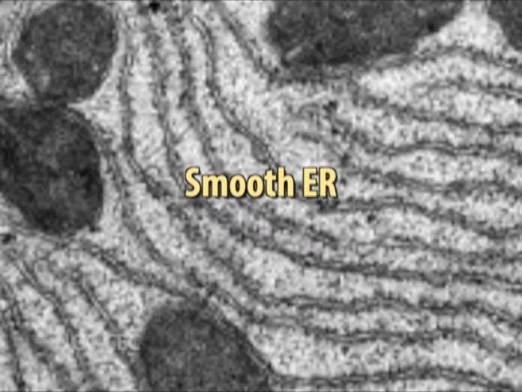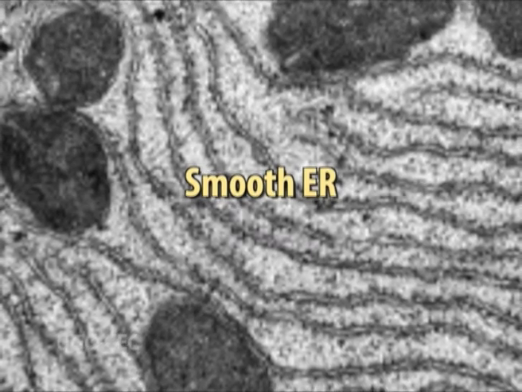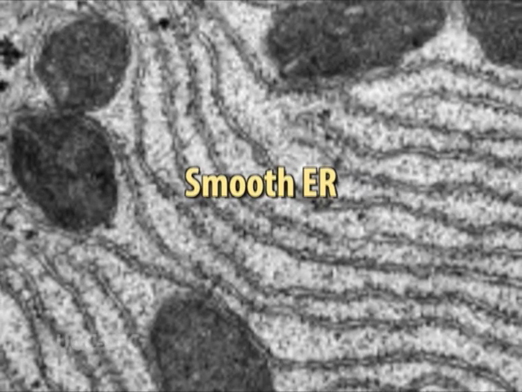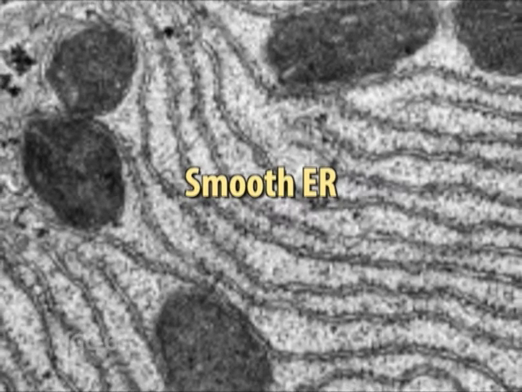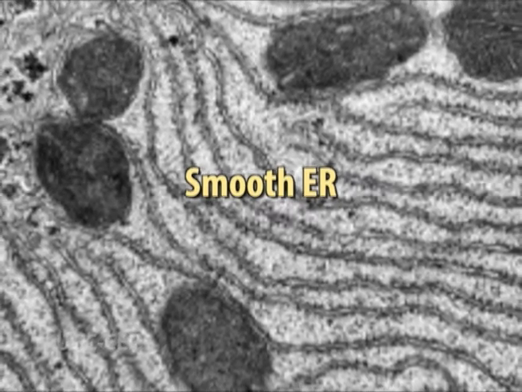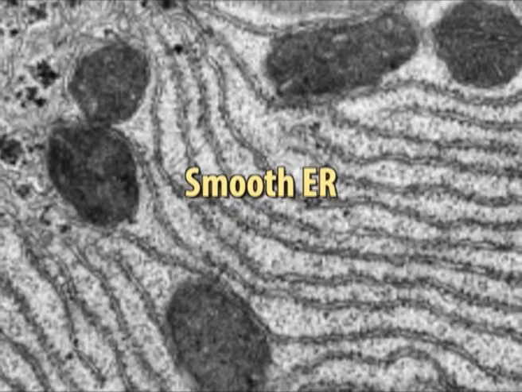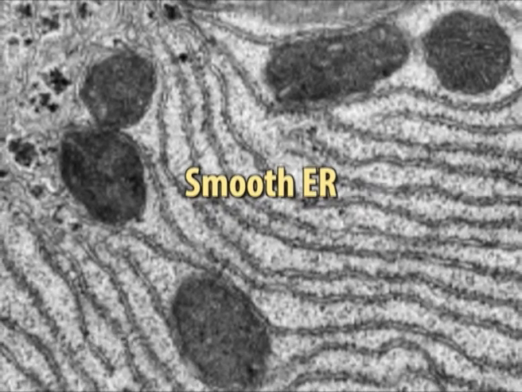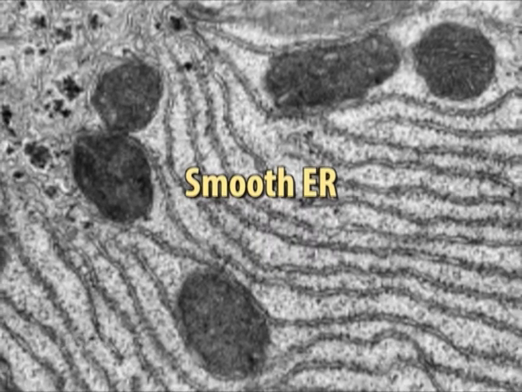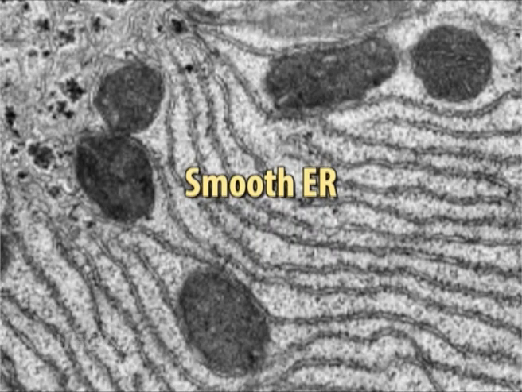Cells that synthesize steroid hormones from cholesterol have an expanded smooth ER compartment to accommodate the enzymes needed to make cholesterol and to modify it to form the hormones.